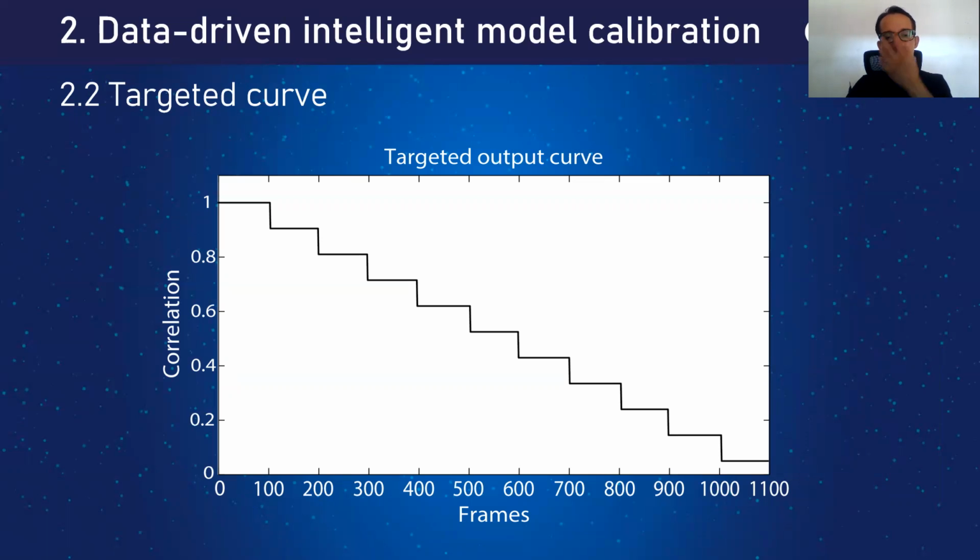The curve is composed of ideal values of a hypothetical correlation measure applied on the frames, as if the first one is taken as the reference. So such a curve works as a desired output for the convolutional neural network.